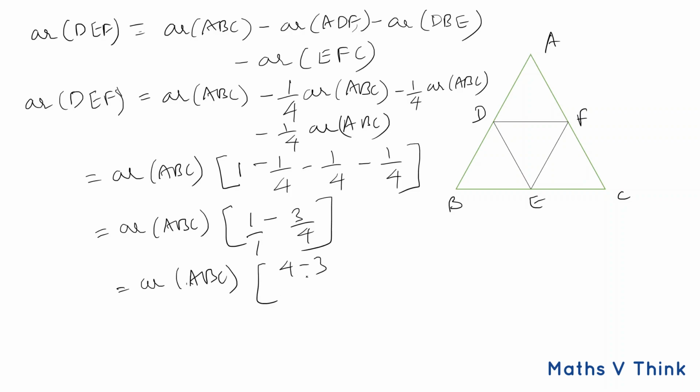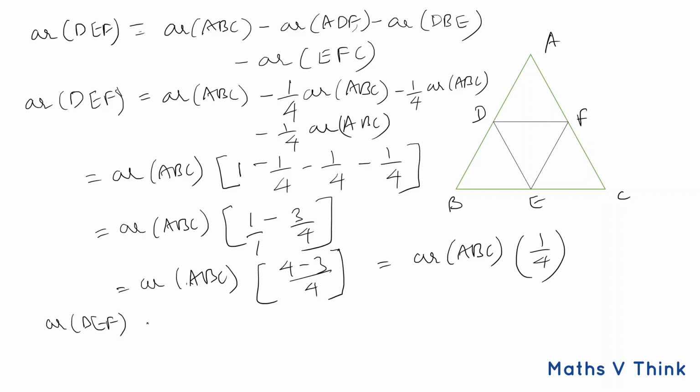So 4 minus 3 by 4. Nothing but I am getting area of ABC into 1 by 4. So area of DEF, we got 1 by 4 of area of ABC.